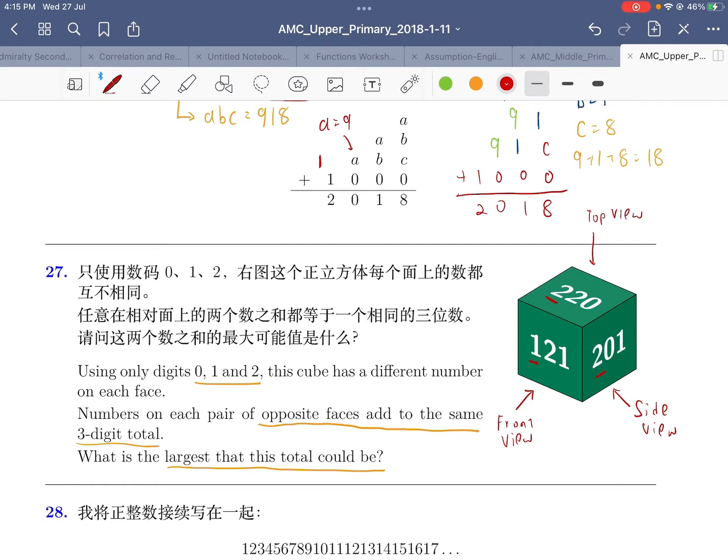Well, it can't make sense for us. It is not possible for the hundreds place to start with a 4, because we can't have 2 plus 2 in this case. But what we can certainly have is a 2 plus 1. Now, hopefully, many of you can see the pattern.